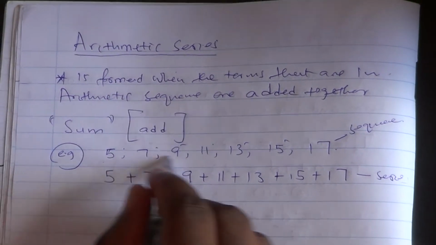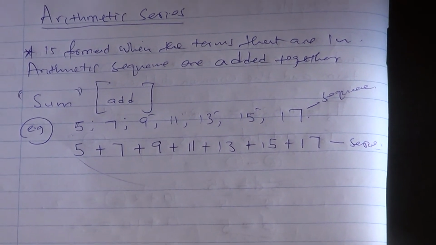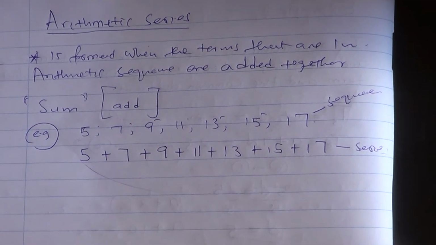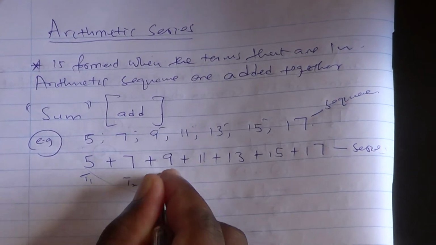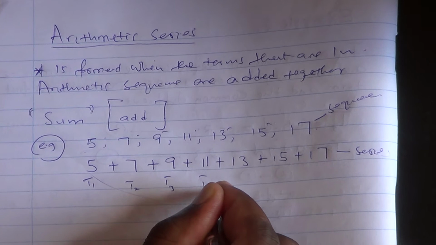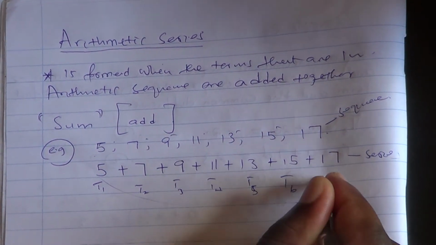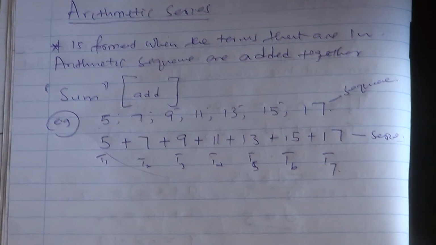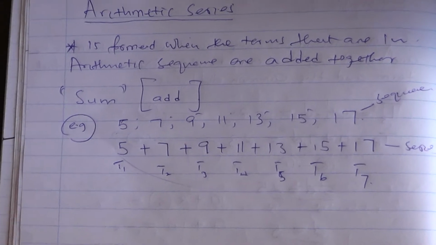So I'm going to focus on this one. What is the sum of these numbers? This is term number 1, term number 2, term number 3, term number 4, term number 5, term number 6, term number 7. We are having 7 terms in this arithmetic series.